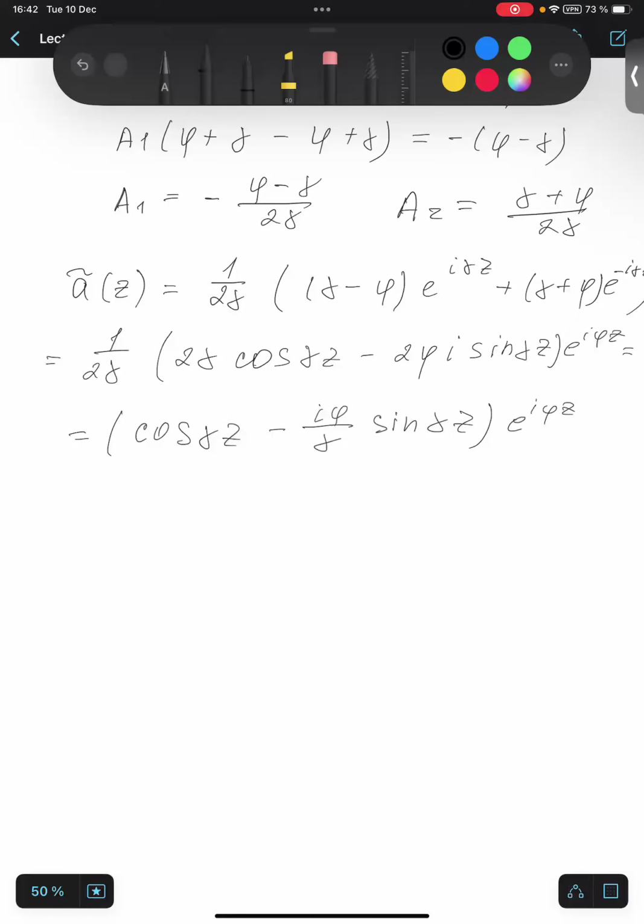Now let's find the b tilde. Nothing else than that, conjugated minus 2 gamma z plus 1/2 gamma minus phi.